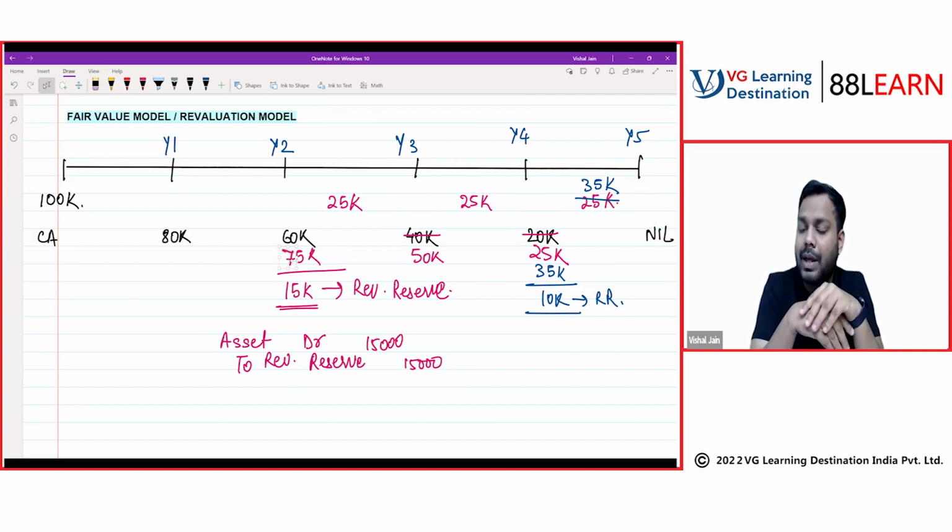Okay, reserves and surplus. Is that clear, everyone? Prabhu, is it clear to you? Yes, we will start depreciating on fair value now.